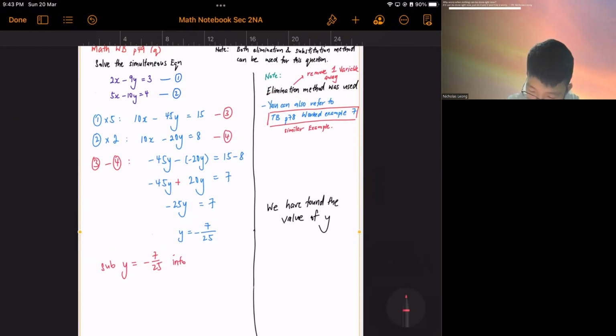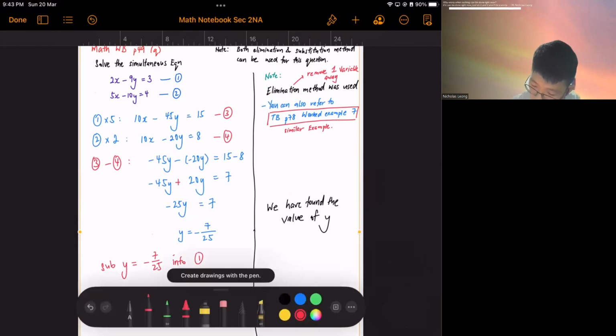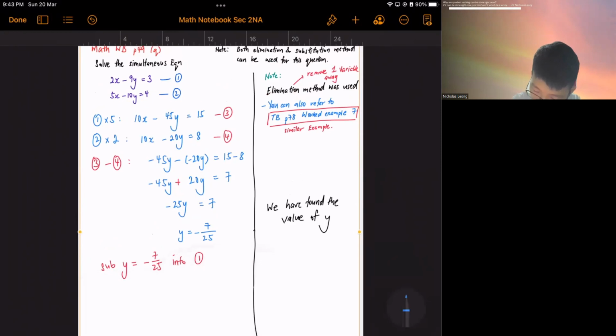In this case, I can choose to substitute into equation 1. In equation 1, it is 2x minus 9y equals 3. For the y, I'll replace it with a bracket. This is to remind me that I need to substitute the value of y into equation 1.